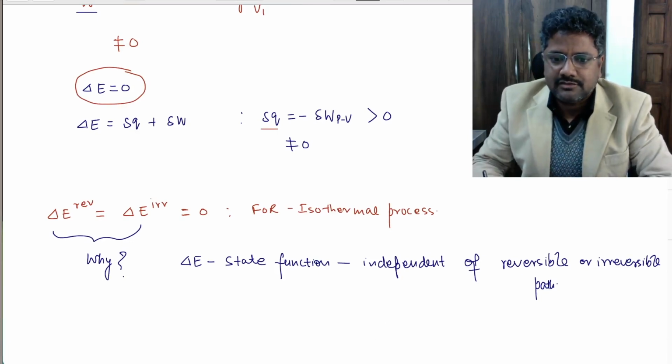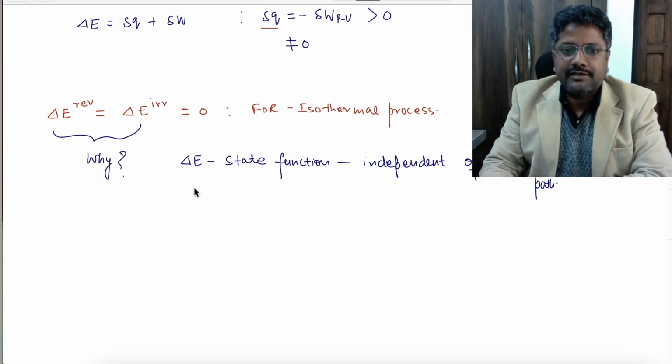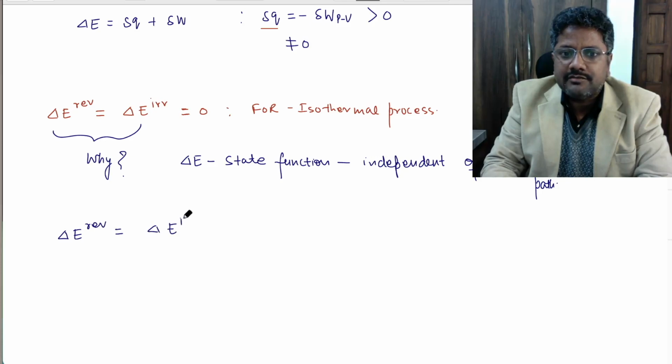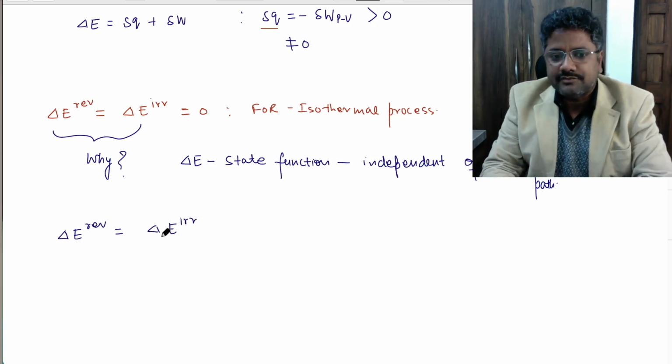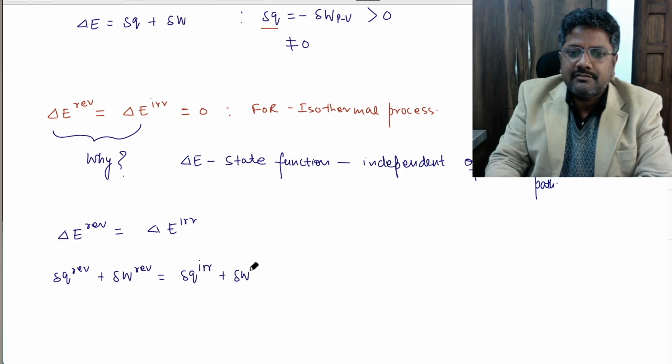Okay, good. Now see, one more important derivation we can do here. Delta E reversible is equal to delta E irreversible, because this is a state function. So we can write delta Q reversible plus delta W reversible is equal to delta Q irreversible plus delta W irreversible.